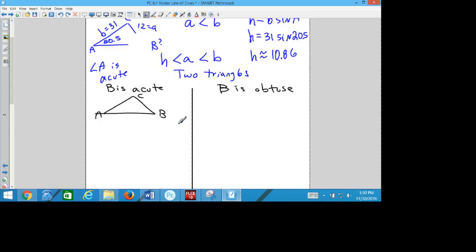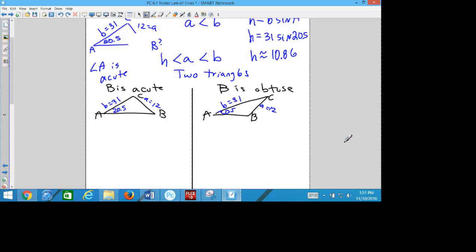When angle B is obtuse, it's going to give us a triangle that looks like this. But angle A can be 20.5 in both of these triangles. Side B can be 31 in both of these triangles. And side A can be 12 in both of these triangles. So that information does not change.